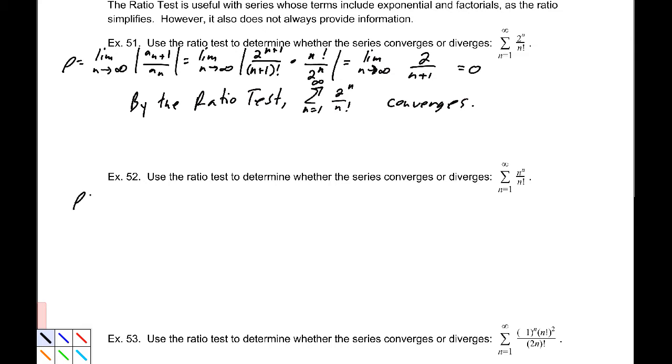All right, so rho is equal to the limit as n goes to infinity of, I'm going to skip that first step and just go straight to my n plus 1th term, which would be n plus 1 to the n plus 1 over n plus 1 factorial. And multiplying by the reciprocal of my a sub n, my nth term, this would be n factorial over n to the n.